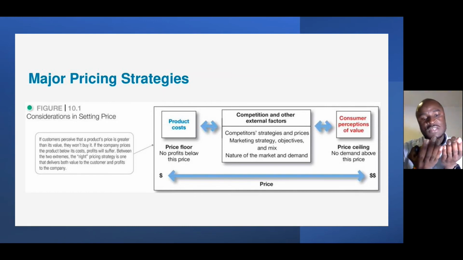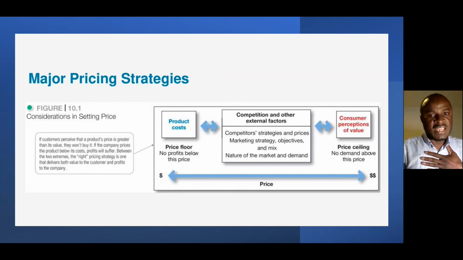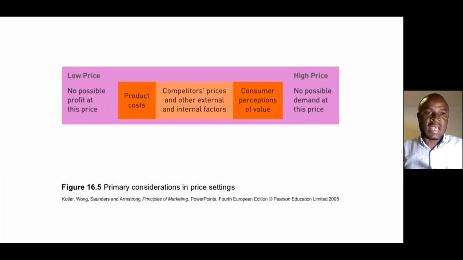So what you want to make sure to do is that your product and your service and the value of amount of money you are going to put are going to have something equal, where you are not going to lose money, and your customers also are not going to feel like they lost their money, right? So they are going to buy something which is equal to what they have. So it's the same thing that we have here.